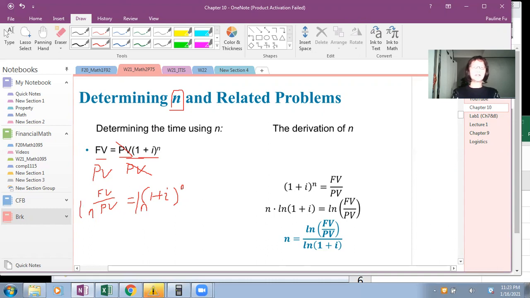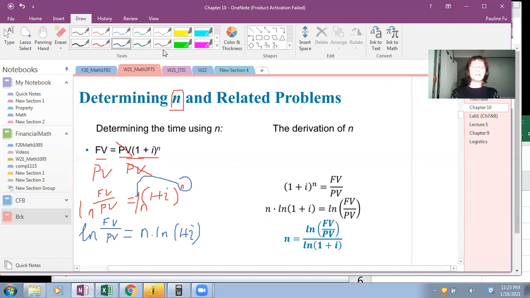The exponent N moves in front of ln, so you have N times ln 1 plus I on the right-hand side. Left-hand side still has FV over PV, take ln.